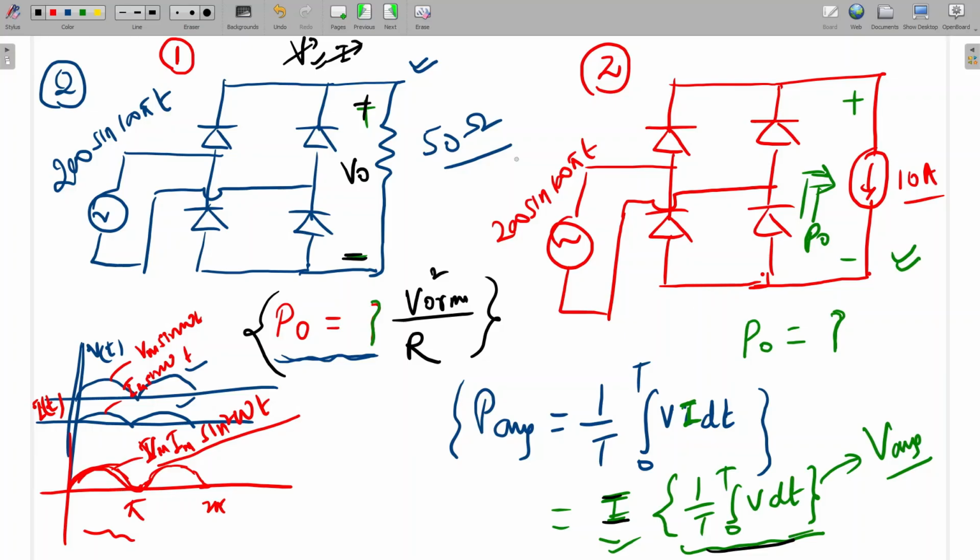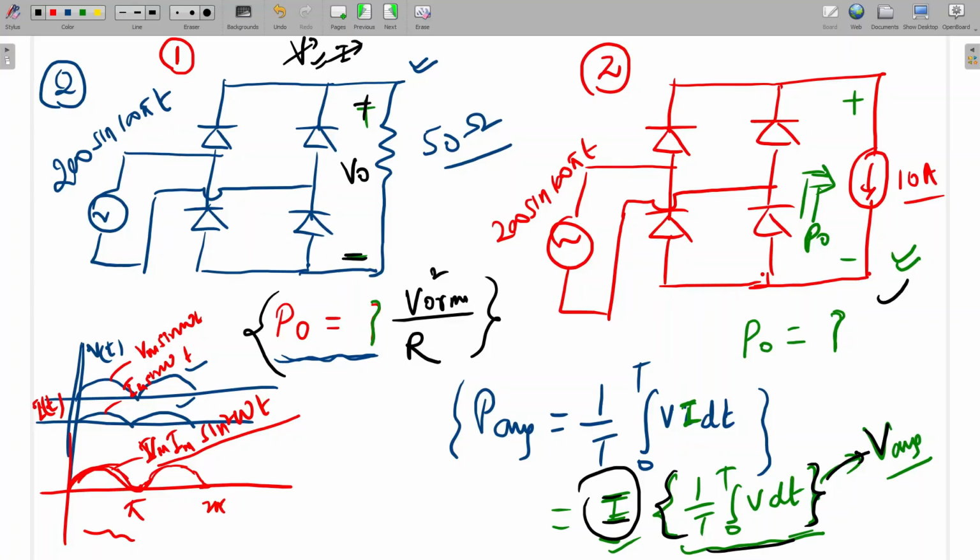If either one is constant, let's say here I is constant, so I take it outside. The remaining term will be 1 by T, 0 to T, V dt, which is the average value of the voltage. Here we can calculate the average value and multiply with 10, so that will be the average power.